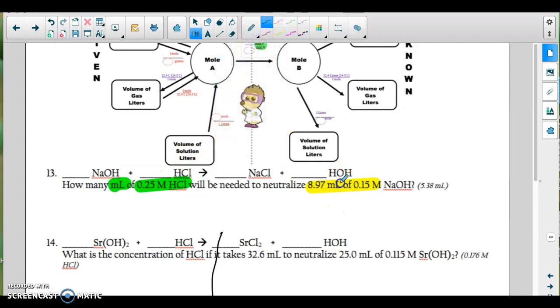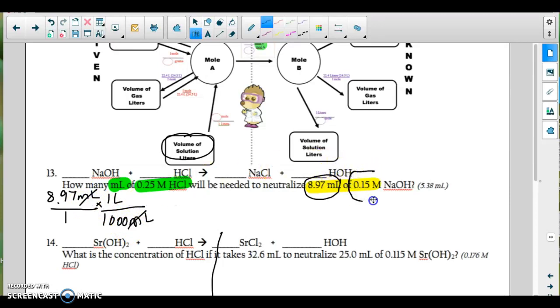When I do a problem like this, I don't want to start with molarity, I'm going to start with volume. I do need to have it in liters, so I'm going to do that as my first step. You could just move the decimal if you want, but I'm going to show it. There's 1,000 milliliters in a liter. Now I'm going to use this number.